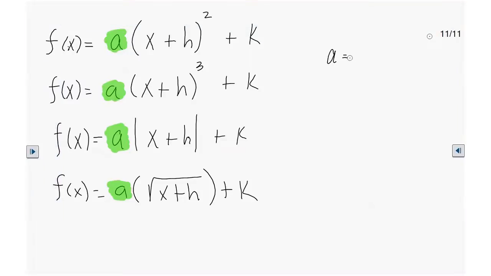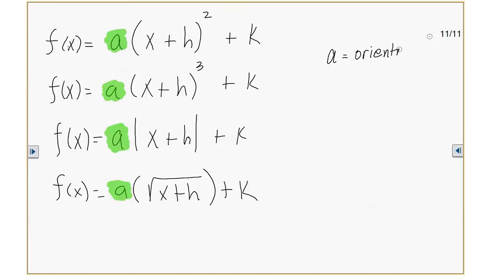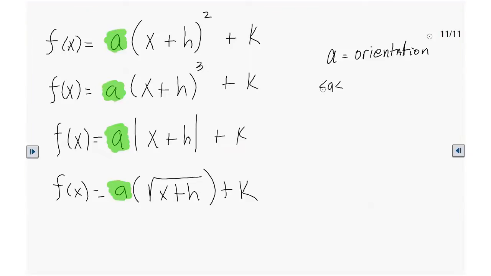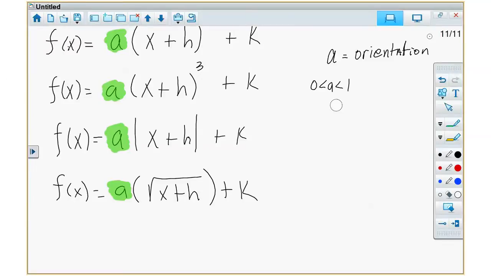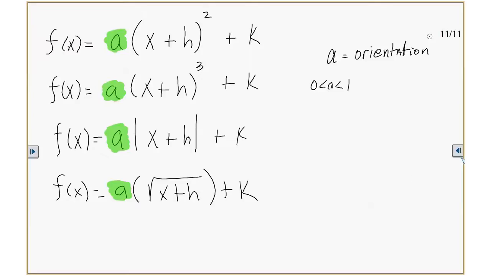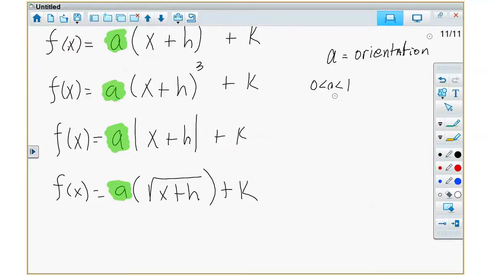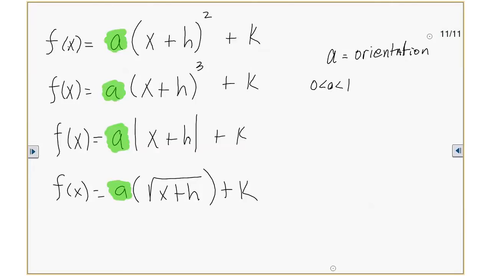A is orientation. Okay, if A is between 0 and 1, those of you that know your inches, start off with a quarter, 3/8, 7/16ths, 1/2, 9/16ths, 5/8ths, 11/16ths, 3/4, 13/16ths, 7/8ths, right? 15/16ths.